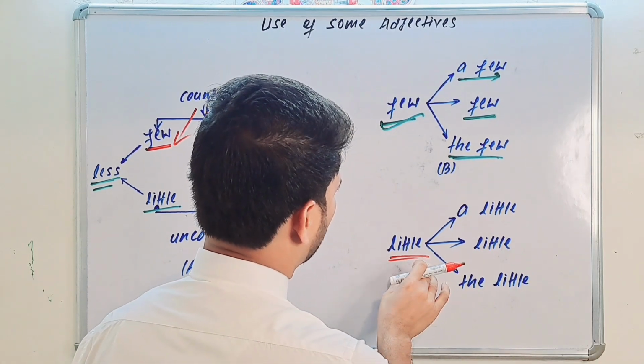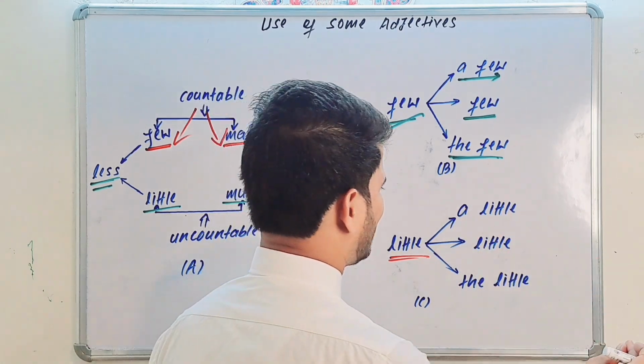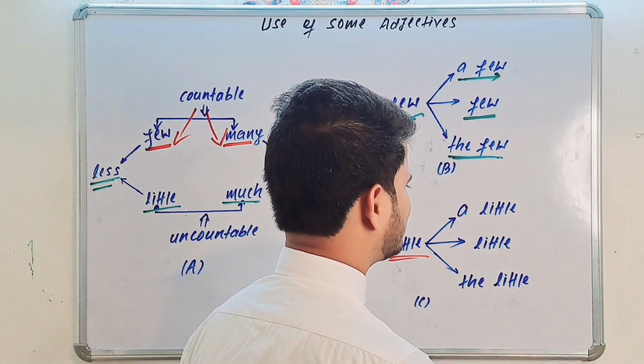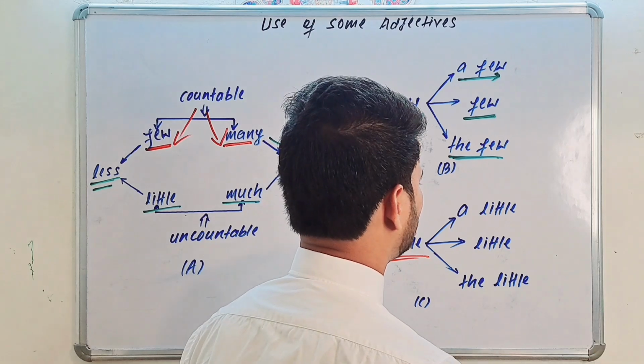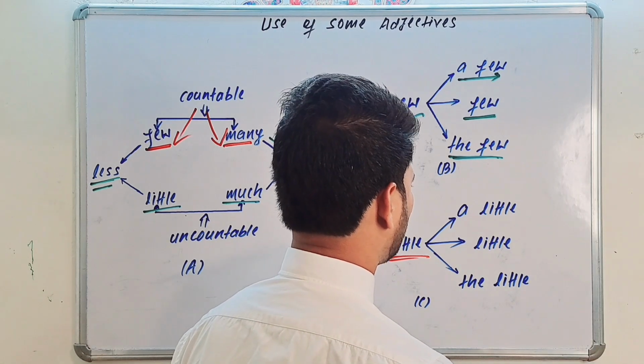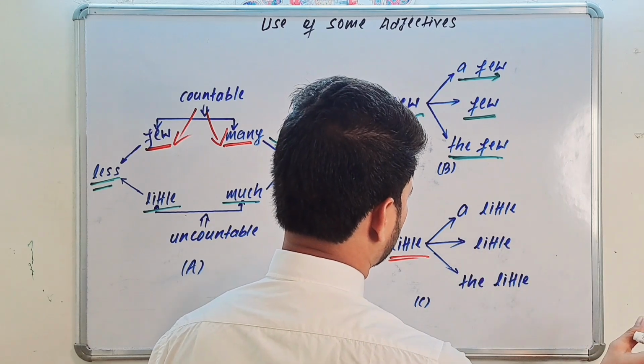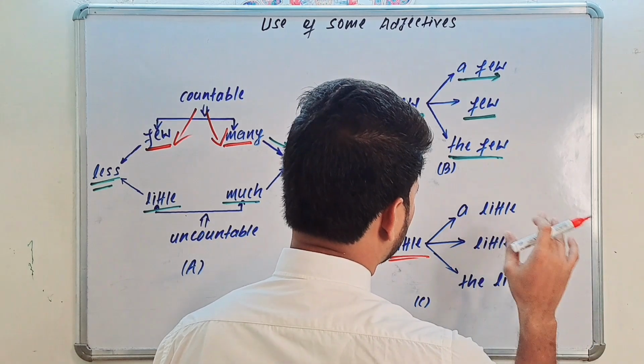Here the use of little in a sentence. I told you little is only used for adjectives of quantity. Little represents quantity, a little knowledge, like a little knowledge is very dangerous. Knowledge is uncountable.